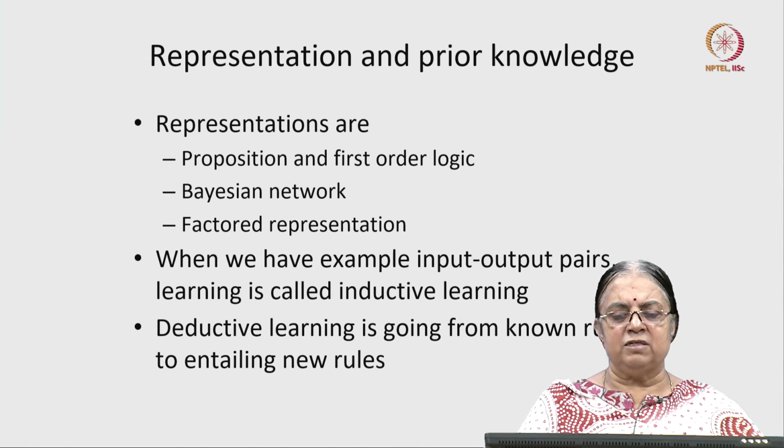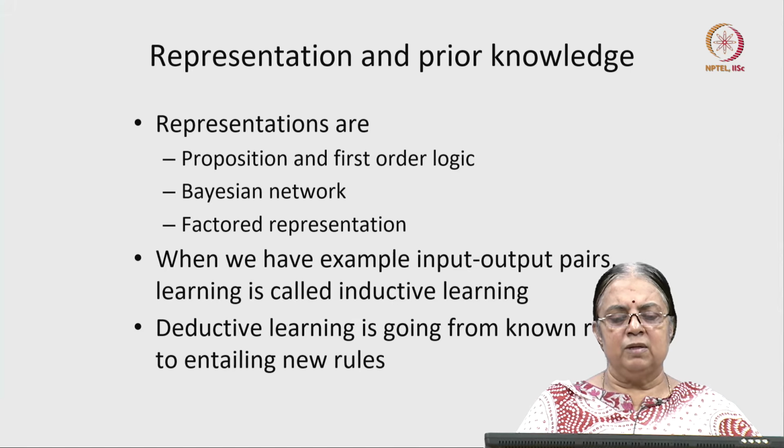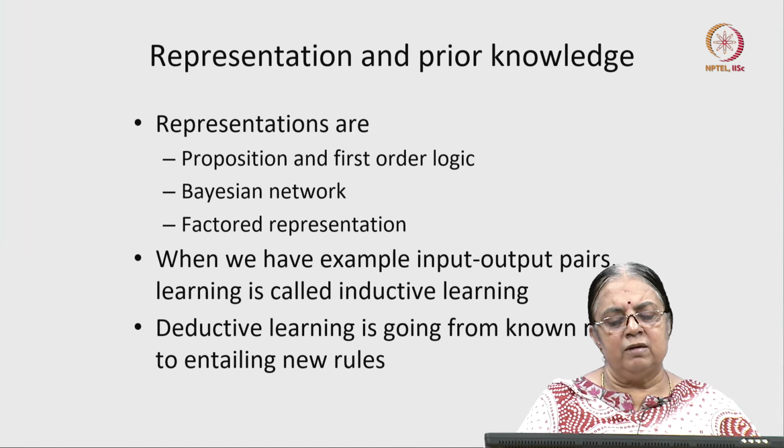The facts and the rules together make up the knowledge which is there in many systems. And then you may have a Bayesian network which includes the probabilities of the various components, and some type of a factored representation.